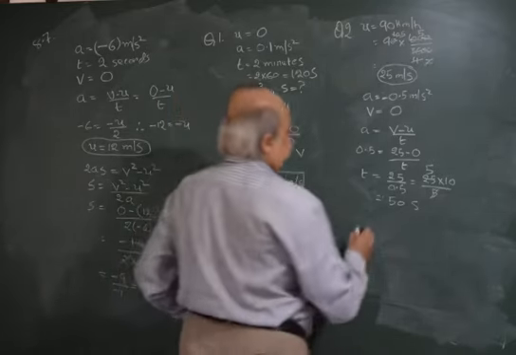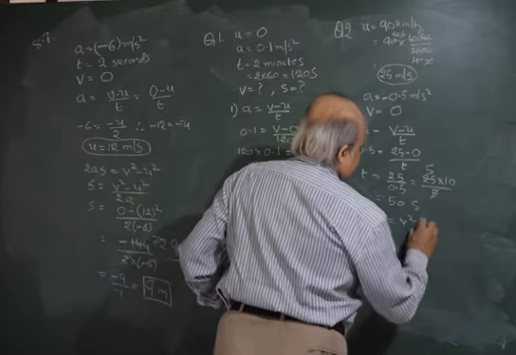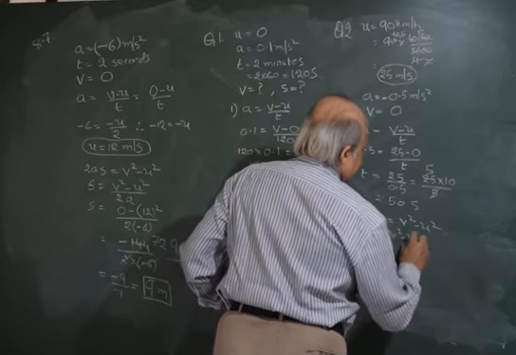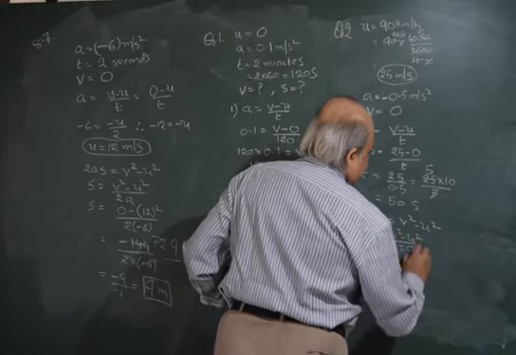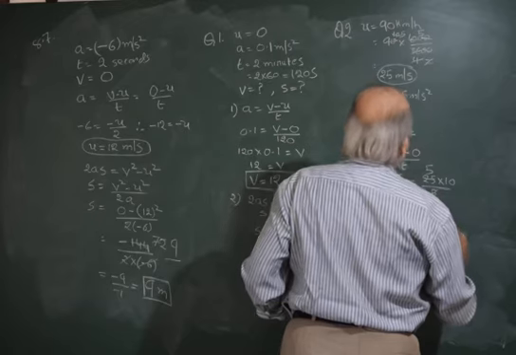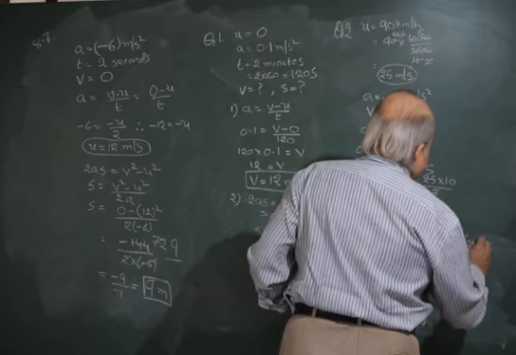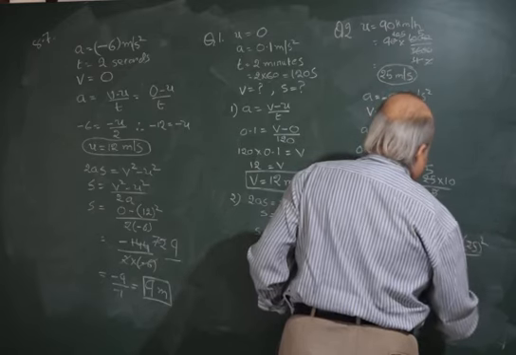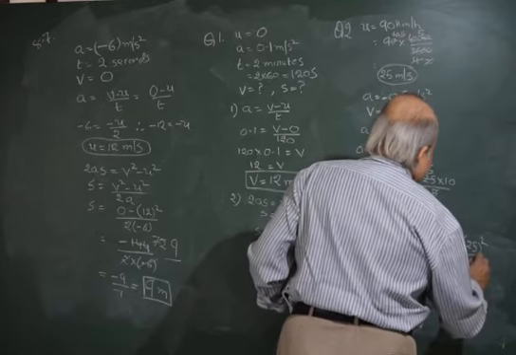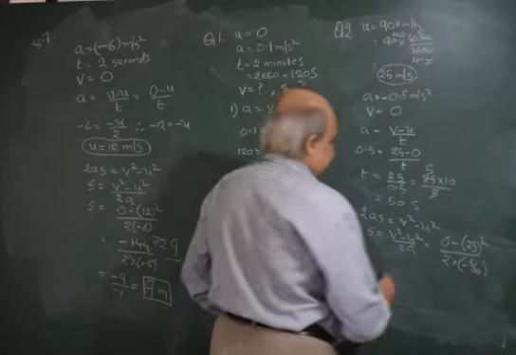Now we have 2as equal to v square minus u square, s equal to v square minus u square upon 2a, which will be equal to 0 minus 25 the whole square upon 2 into minus 5 upon 10.